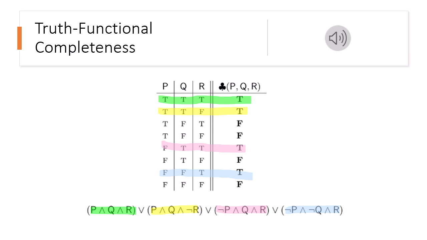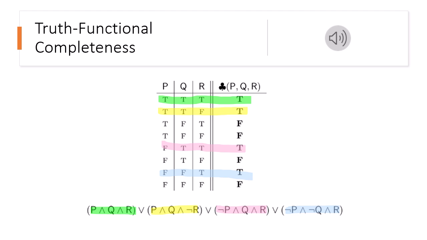Let's now run the algorithm through our previous example. Here we have that same truth table that we introduced for club. The first thing I'll do is actually part of the second step. I'm going to identify the rows of this newly introduced truth functional connective club that are marked with a T. That's the first row, second row, fifth row, and the second one from the bottom.